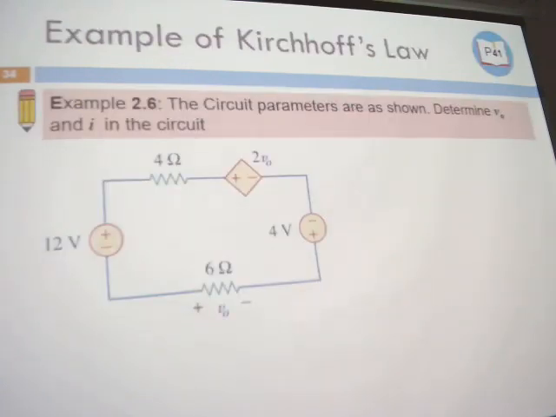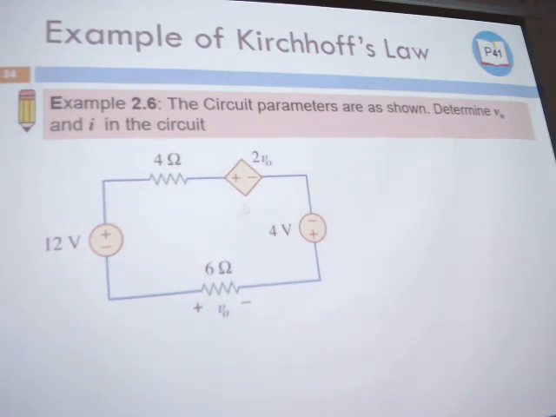Please look at the example of Kirchhoff's law. I talked about this example and also want you to finish it by yourself. Follow me. The circuit parameters are as shown, and we need to determine V0 and I in the circuit. Where is V0? This case is a little different because we have a dependent source inside.